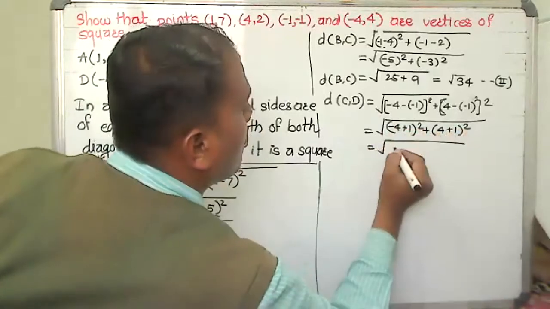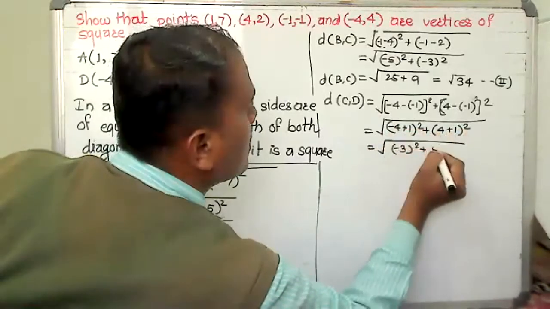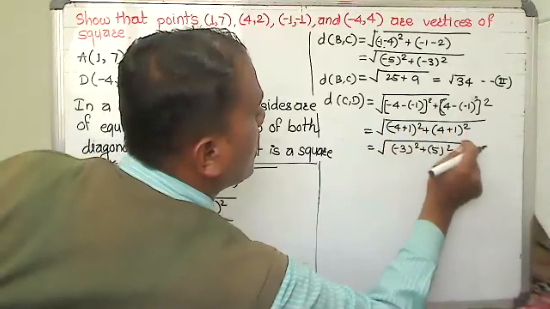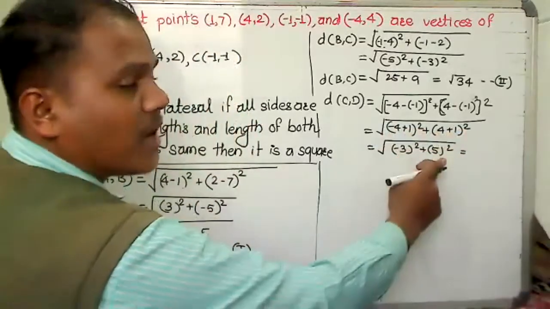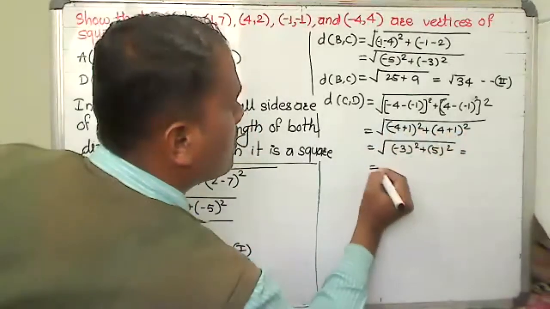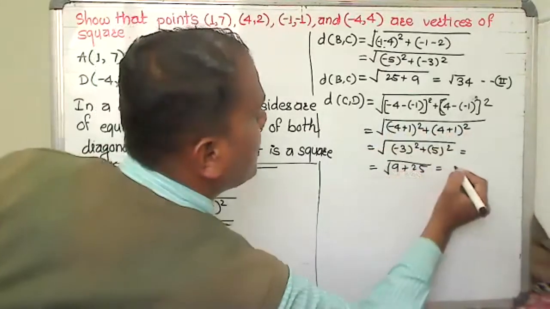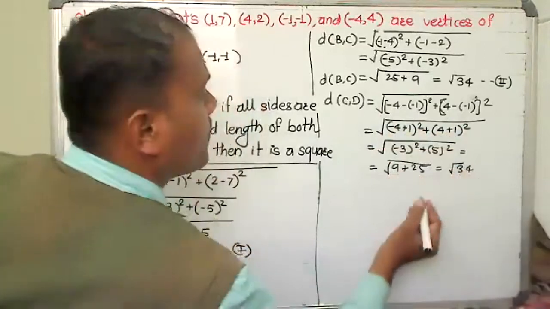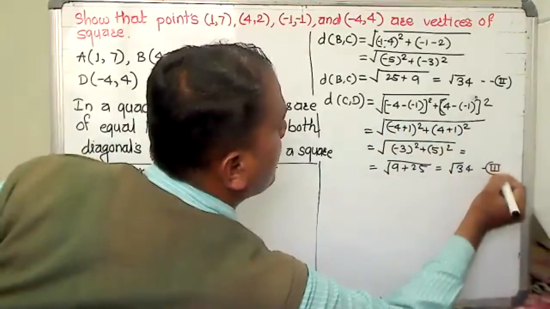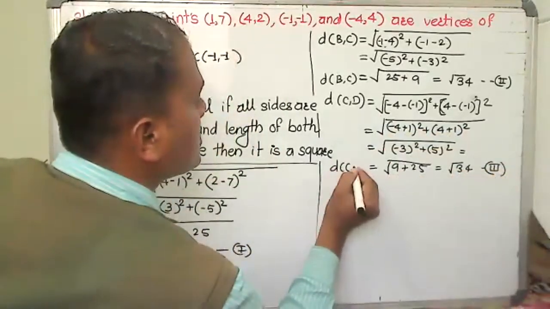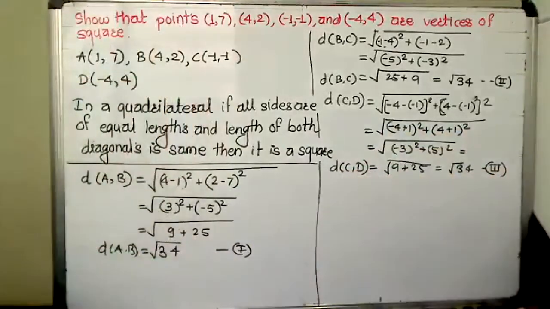Again minus 3 squared plus 5 squared. Here 3 squared is 9, 5 squared is 25, so 9 plus 25 is again root 34. I am naming this as equation number 3. So distance CD is again root 34.